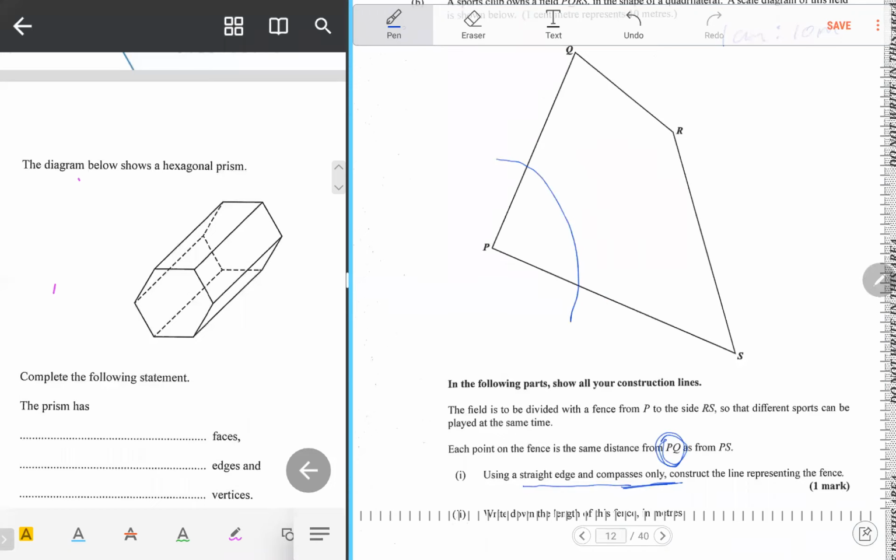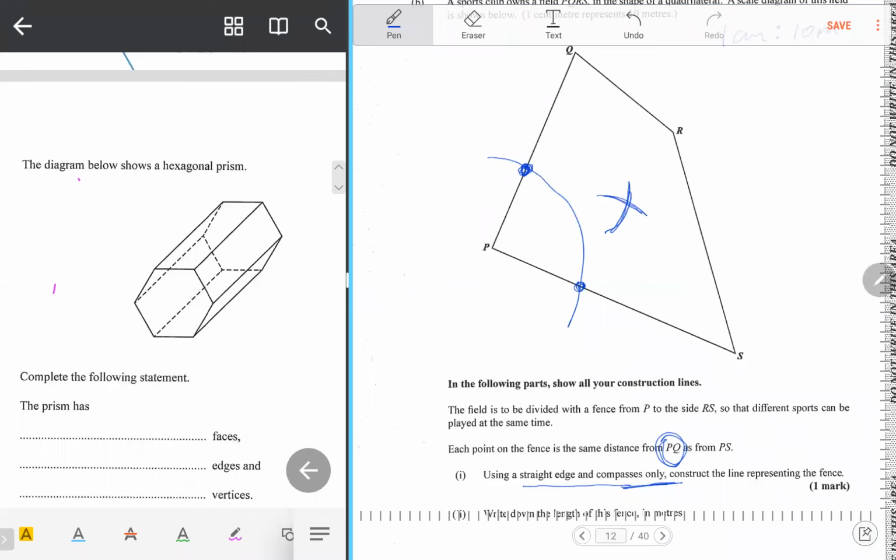And after you make that arc, I'm going to put the point here again and put the point here again. And from this point, you're going to make an arc somewhere in the middle here, and from this point, you're going to make an arc somewhere in the middle there and cross there.